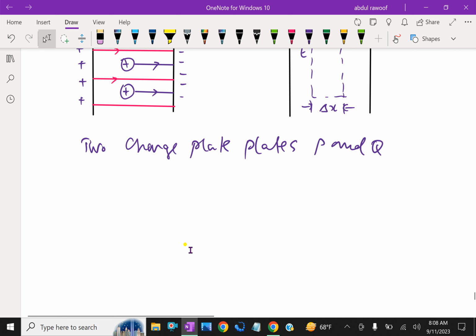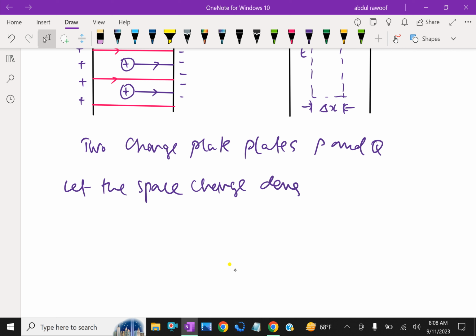Let the space charge density equal rho coulomb per meter cube through the volume.